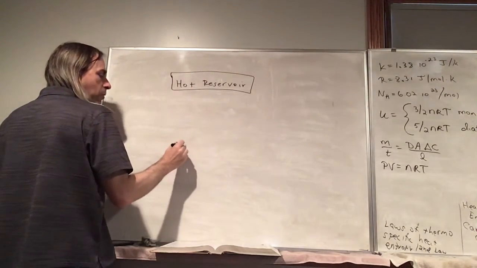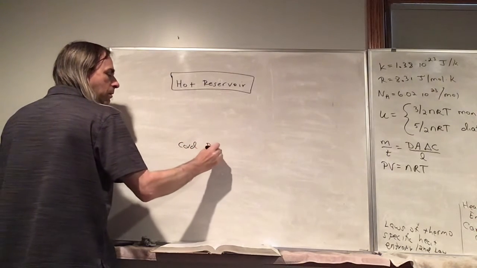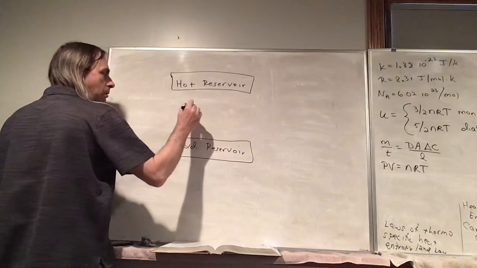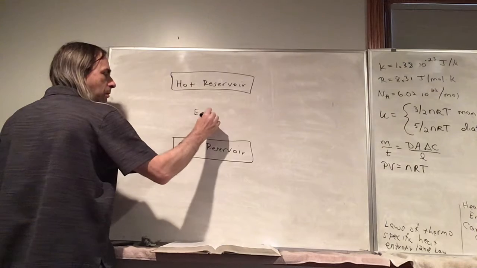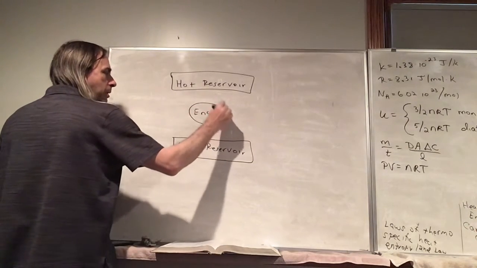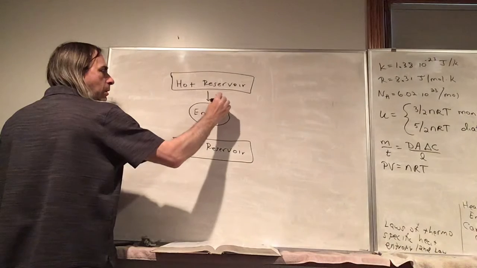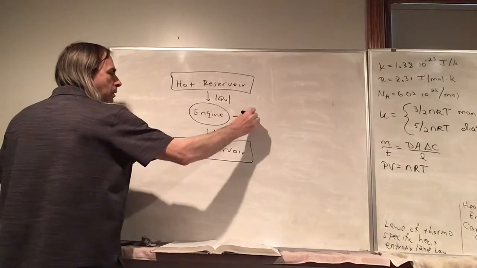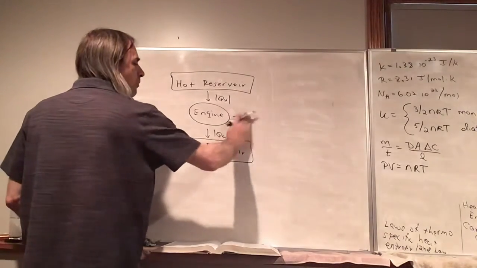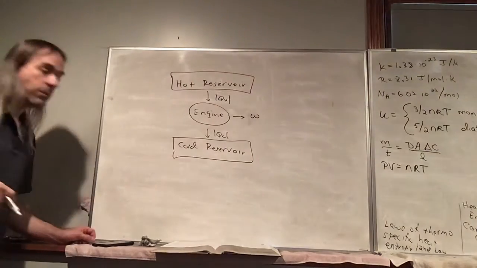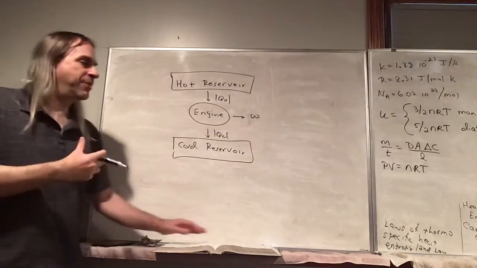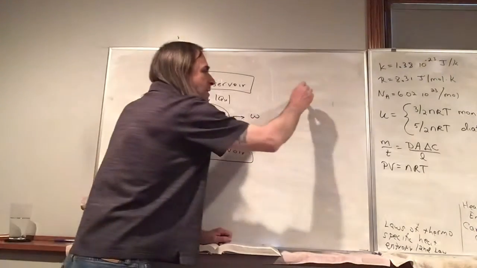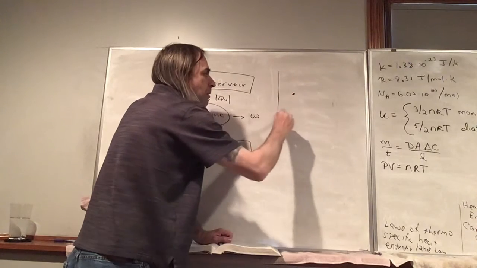So we have a hot reservoir and a cold reservoir. There's our engine. Remember, an engine is a cyclic process, and here's a PV diagram.